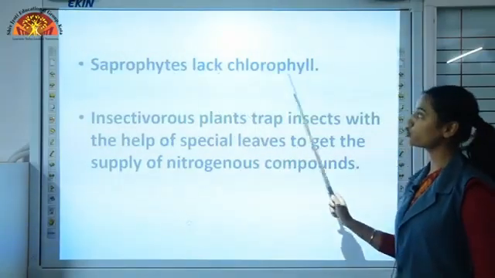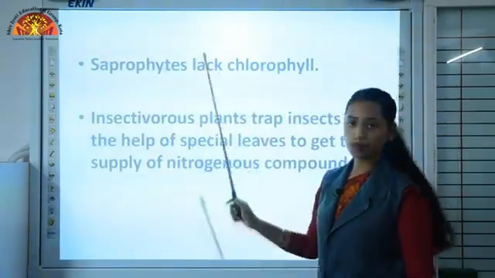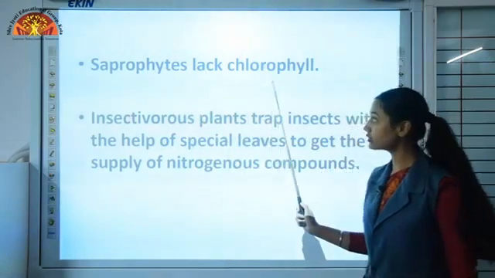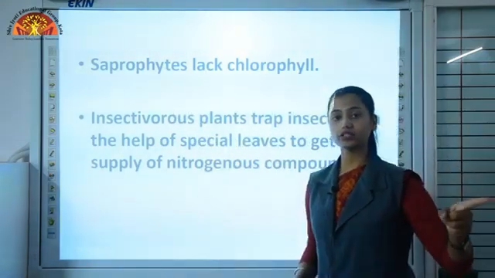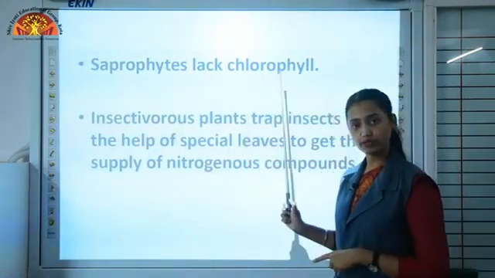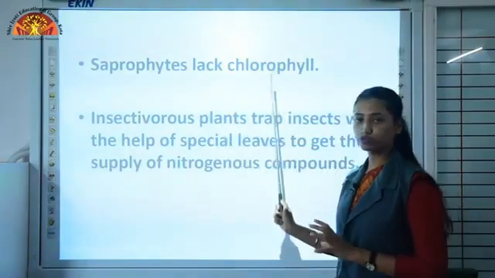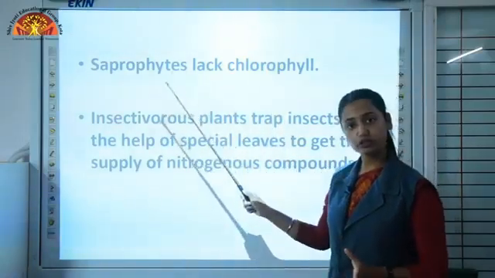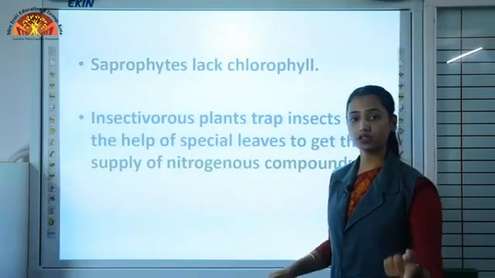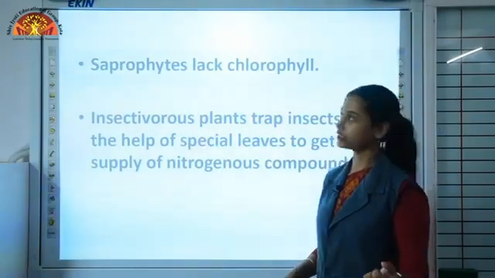Saprophytes lack chlorophyll. These saprophytes do not have chlorophyll. If you remember the necessary conditions for photosynthesis, one was chlorophyll. If a plant doesn't have chlorophyll, it is not able to manufacture food. That's why saprophytes are dependent on dead and decaying matter for their food.